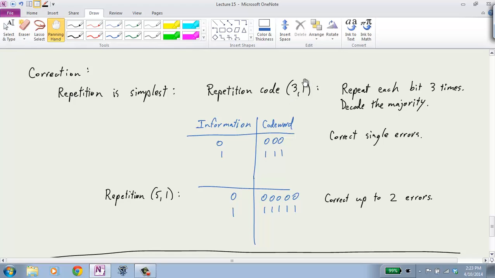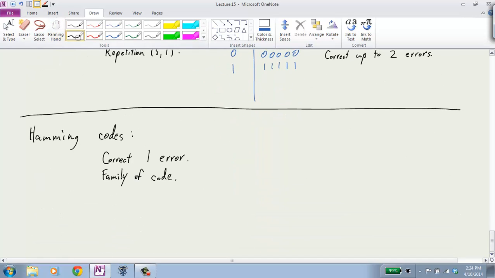It's the first Hamming code. The 5-1 is not a Hamming code, but the 3-1 is. Let's look at the next smallest Hamming code. This one is a 7-4. This means you're going to write 4 bits of information, and you're going to end up with code words of length 7.